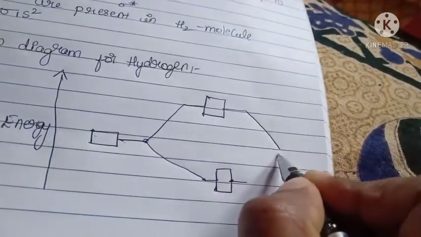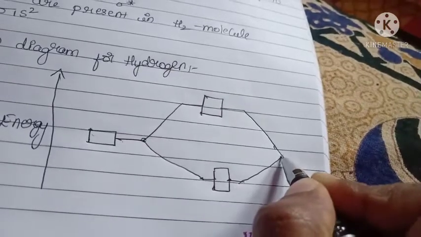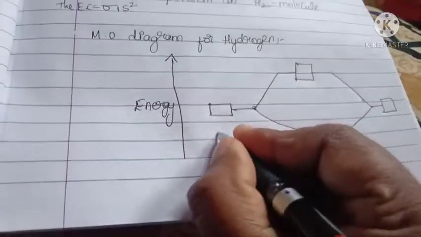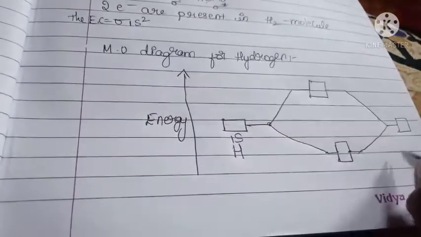Okay, and here another atomic orbital. This is the 1 hydrogen, this is 1s, and this is the other hydrogen, this is also 1s.